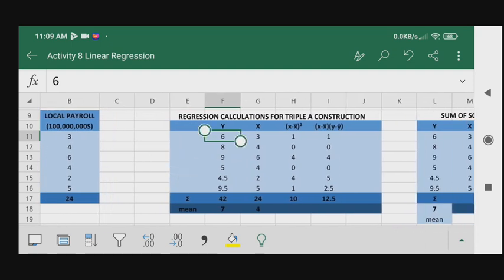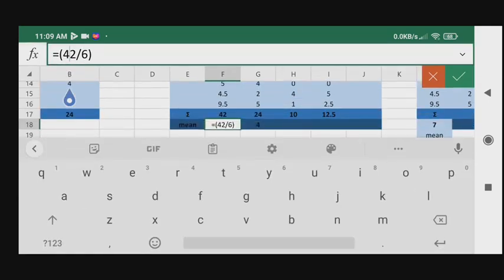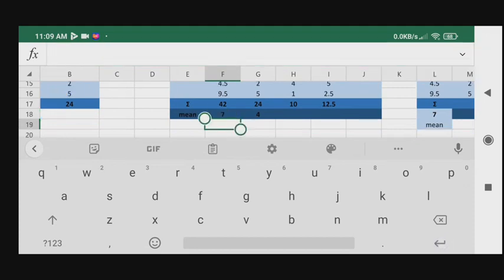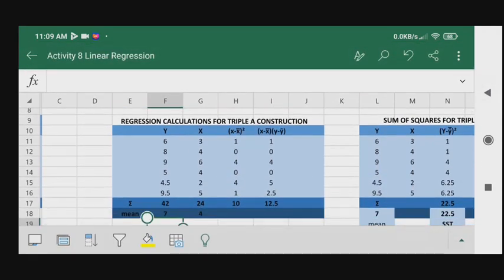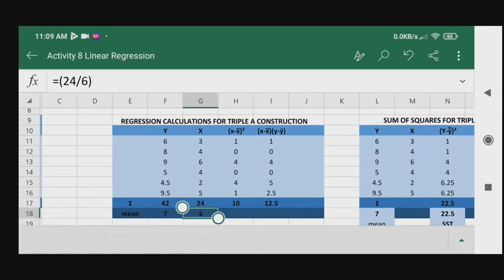We already have the sum, and we need to get the mean of the sales. The mean of the sales is 7, because 42 divided by 6 is equal to 7. The mean of x is 4, because 24 divided by 6 is equal to 4. So let's proceed.